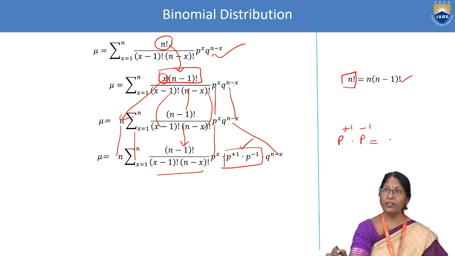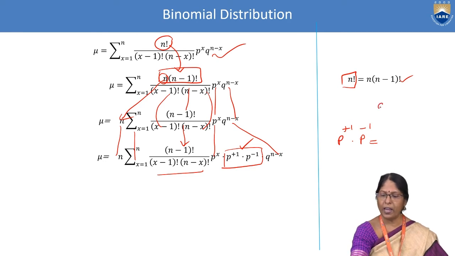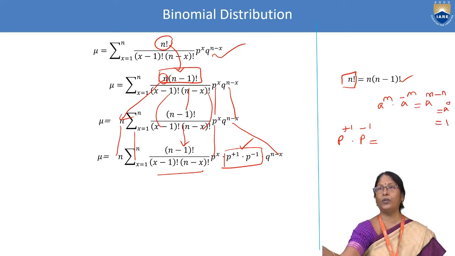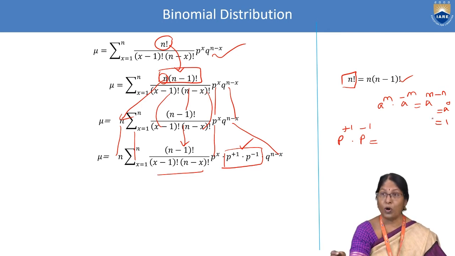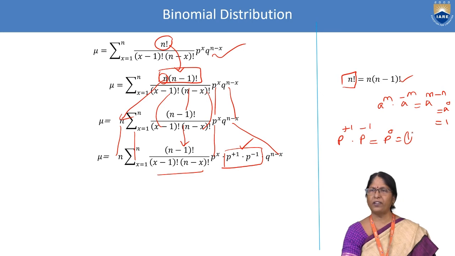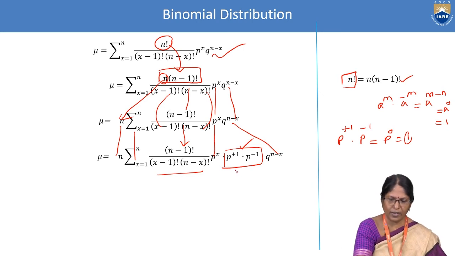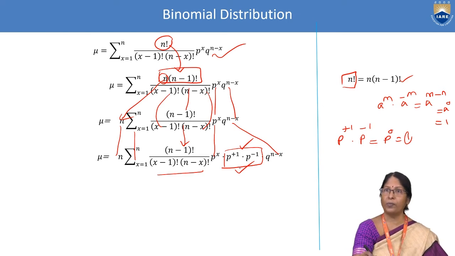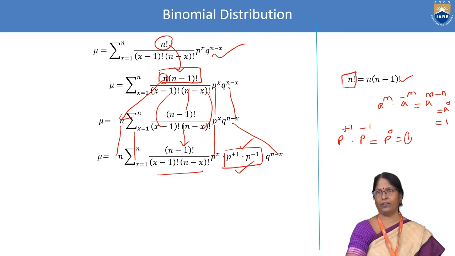But we know the exponential law, a power m into a power minus m equals a power m minus m, equal to a power 0, which is equal to 1. Following that, p power 1 minus 1 is p power 0, equal to 1. So 1 is the multiplicative identity. It won't affect the result. So that is the reason, obeying the mathematical law, we can put this term here, nothing wrong in it.